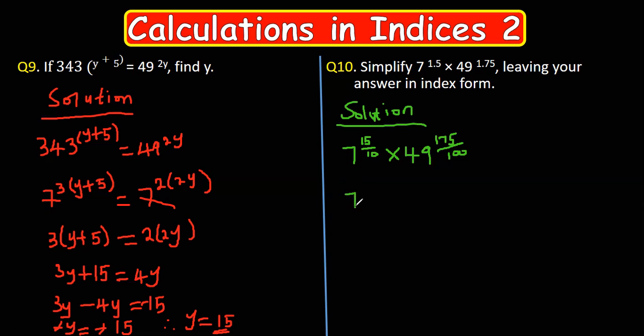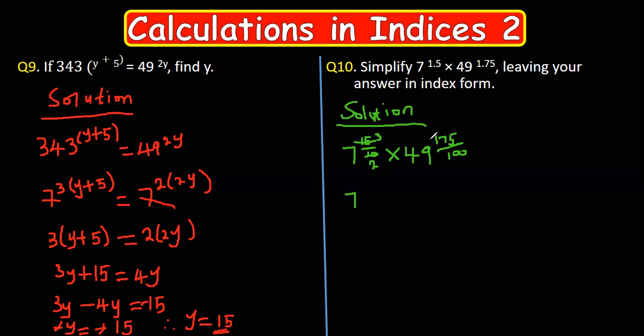But before then, let's take the indices to the lowest fraction, the equivalent fraction. 15 over 10 divided by 5 gives 3 over 2, and 175 over 100 is divided by 25.